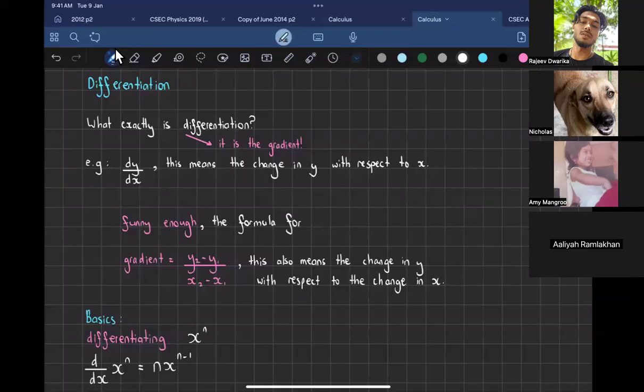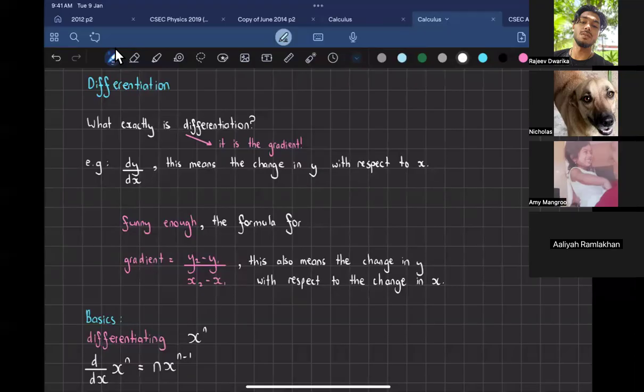Amy, if I have 2x, what's the power of x? What's the understood power of x? 1. Nice. So you multiply 2 by 1, 2, then you minus 1 from the power. What is 1 minus 1? 0.